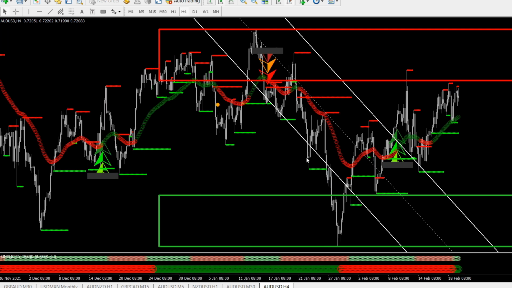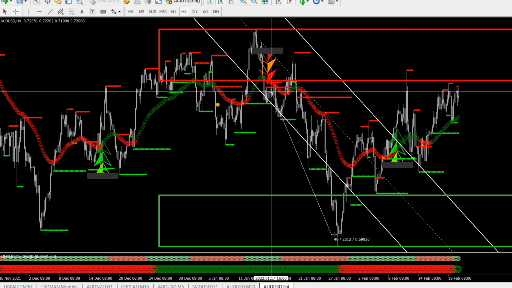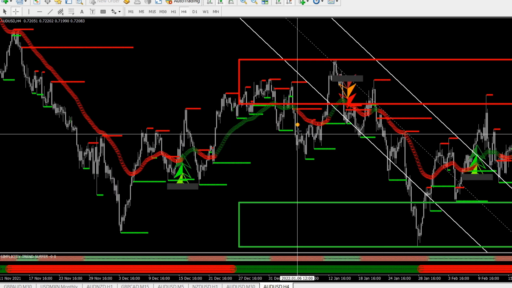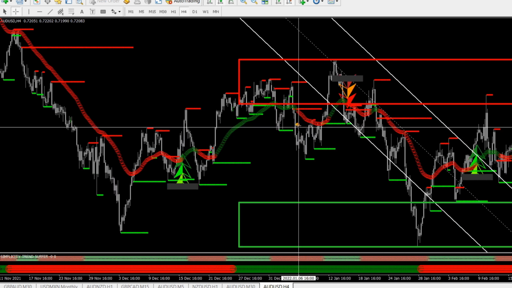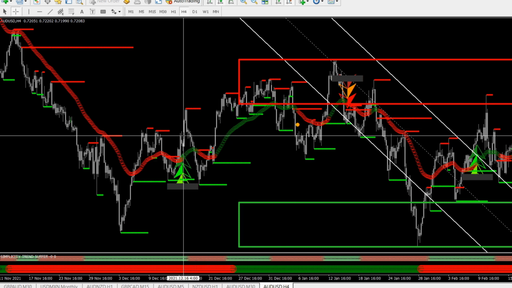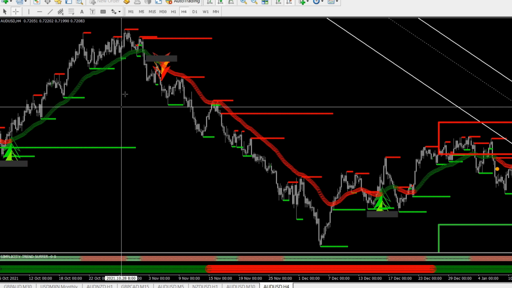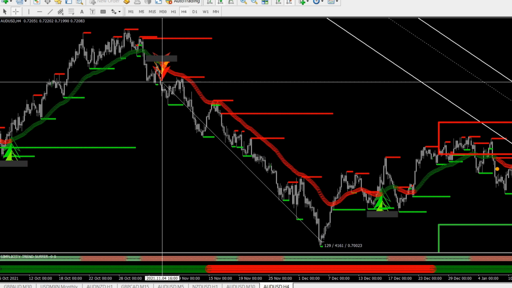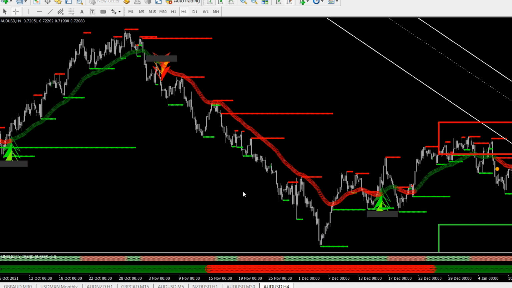If you're trading on a 4-hour time frame, you see that this was a 70 pip trade. Over here we see this was a 240 pip trade. This one was a loss, as you can see, the red dot. But over here we see that this was a 100 pip trade. Over here there was a big winner, a 400 pip trade.